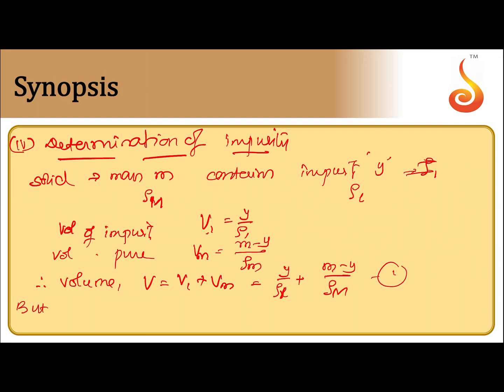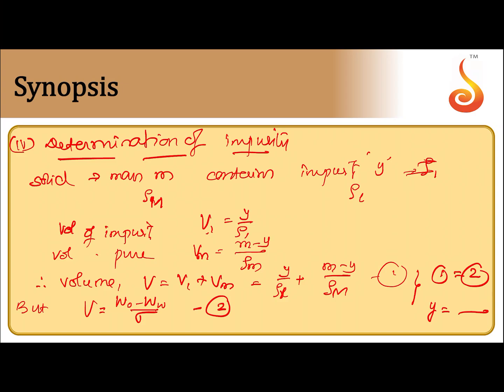But we can also represent the volume like this. Volume is equal to W naught minus its weight in water divided by the density of water. This is your equation number 2. Now we can equate 1 and 2, and then calculate the value of Y. So it's basically a question of substitution now.